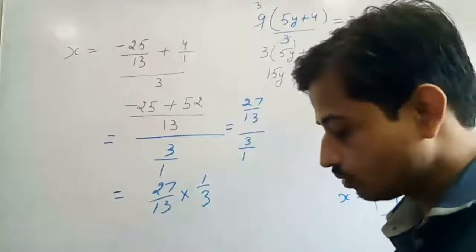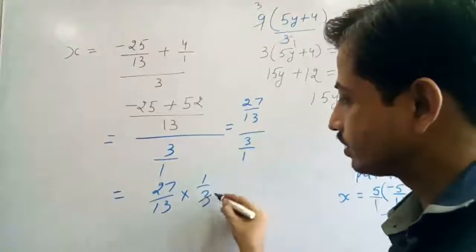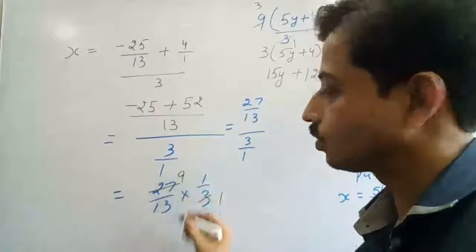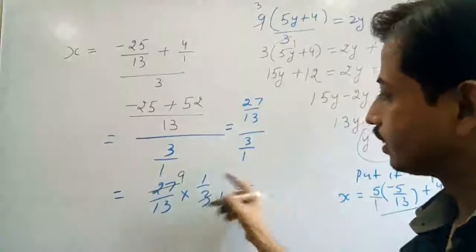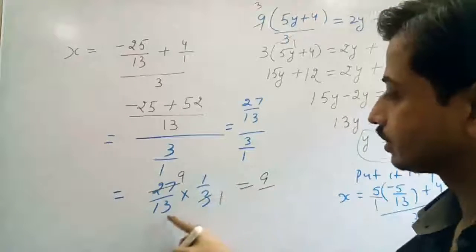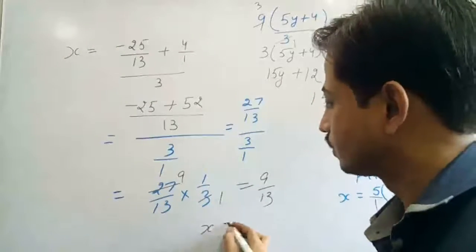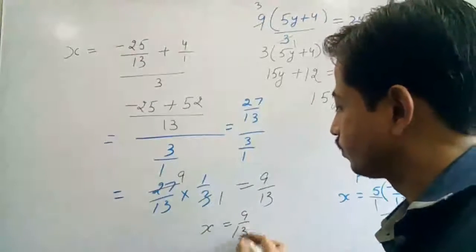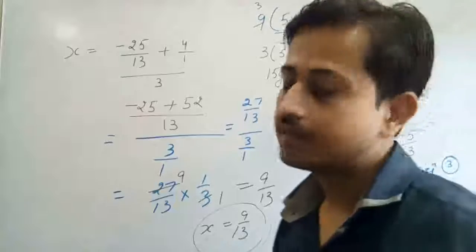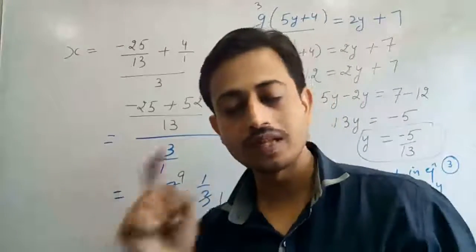Now you can cancel out. 3 1s are 3, 3 9s are 27. So we get 9 into 1 is 9, and 13 into 1 we get 13. So what's the value of x? 9 by 13, same as the first. So please make a note.